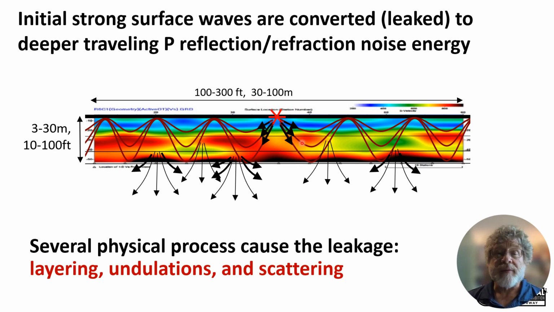But a dramatic amount of energy initially gets trapped in this low velocity surface layer, but it hits heterogeneities and then scatters out, and these become secondary sources. You can also have undulations at the bottom of the model that also cause scattering. So several physical processes cause the leakage: layering, undulations, and scattering.